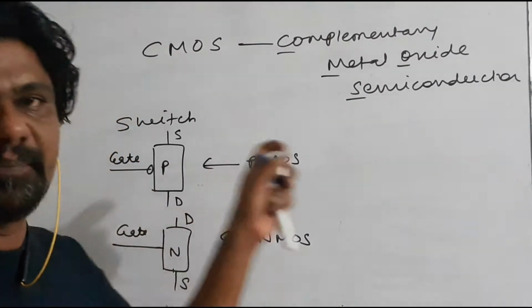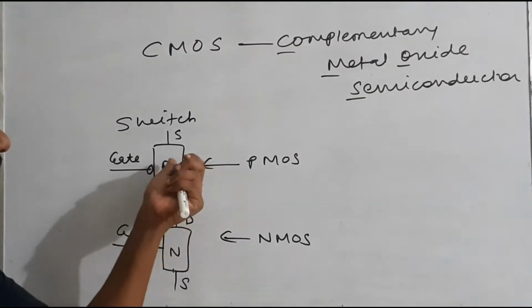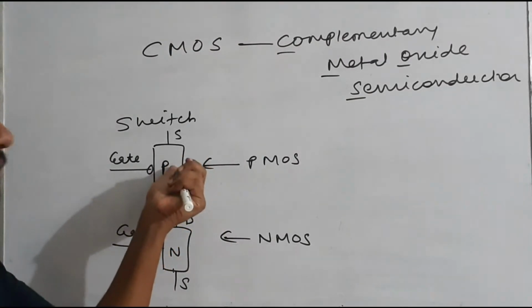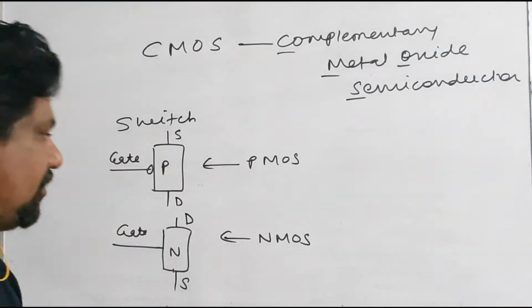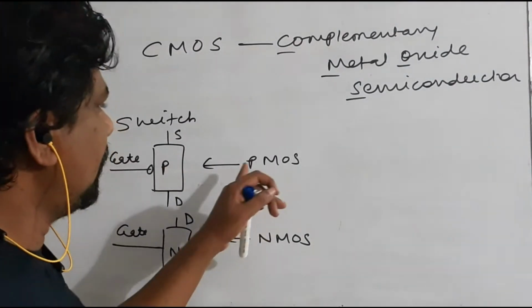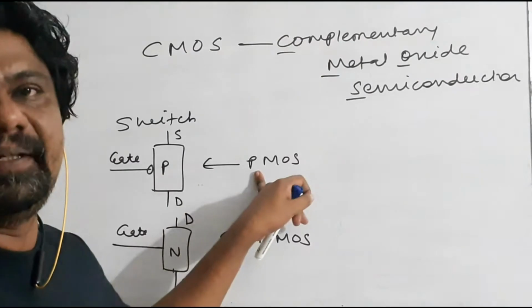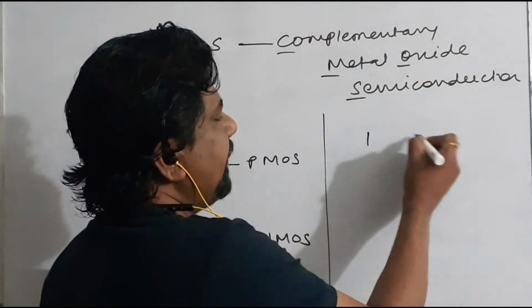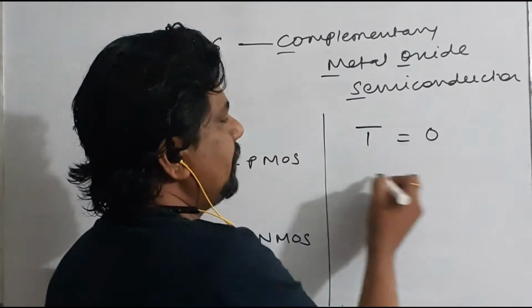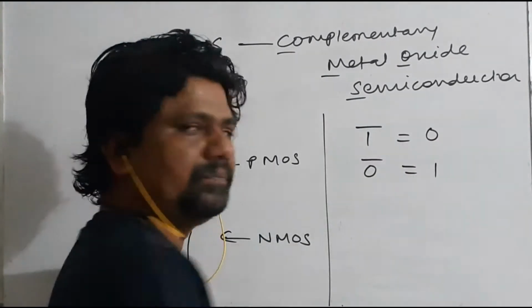So depending on the substrate, we can use the mathematical analysis for the PMOS or NMOS. Now complementary. So if we see a complementary, one complement is zero. Zero complement is one.